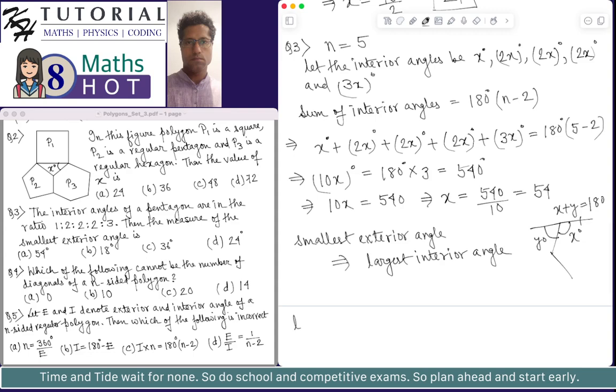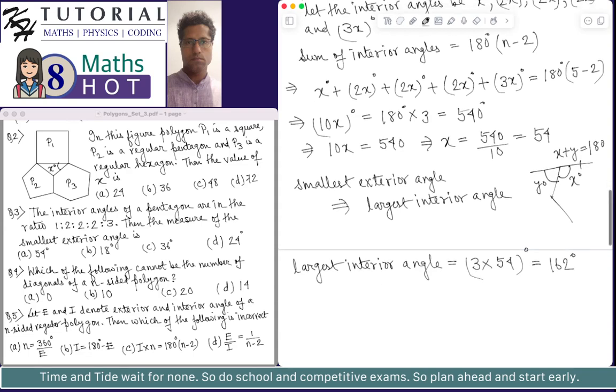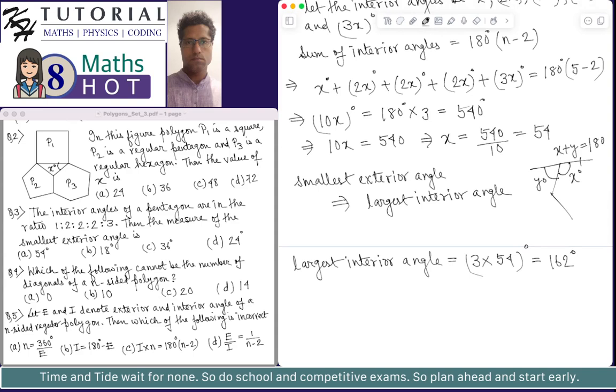So the largest interior angle is equal to 3 multiplied by x. X is 54 degree, which is equal to 162 degree. Largest interior angle is 162 degree.